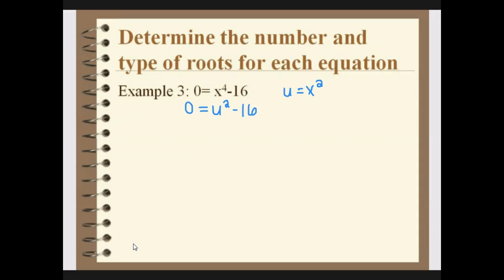Which makes it a difference of squares, which means that it factors as u minus 4, u plus 4, and then we replace our u back with x squared, and then this is actually another difference of squares.